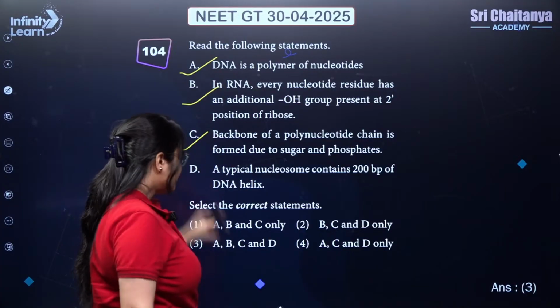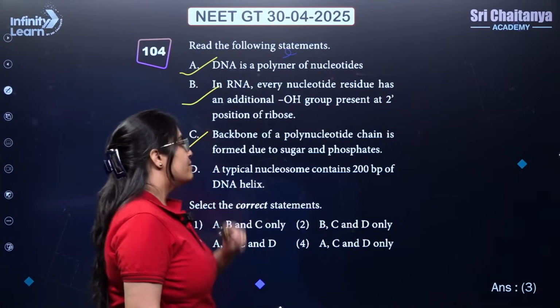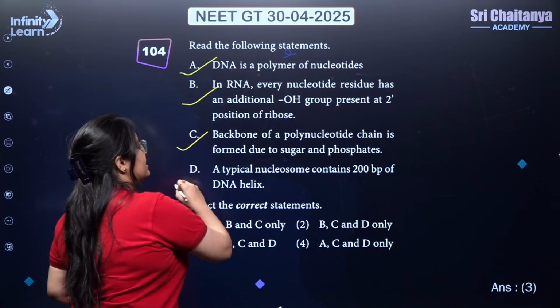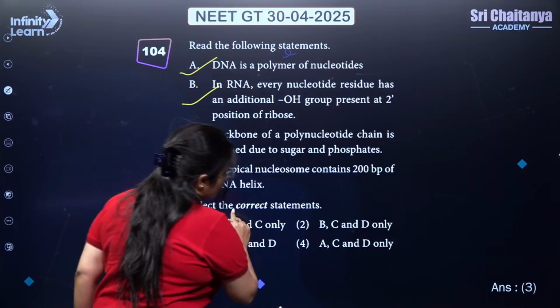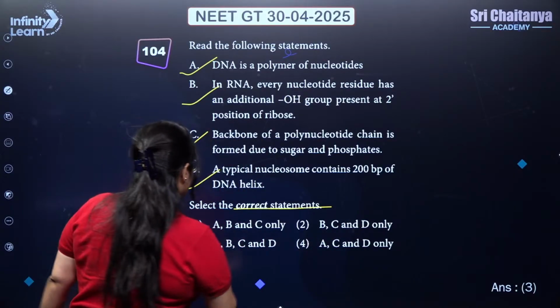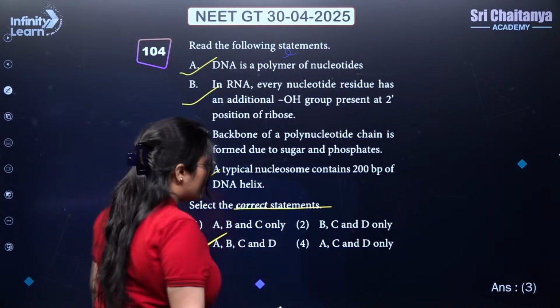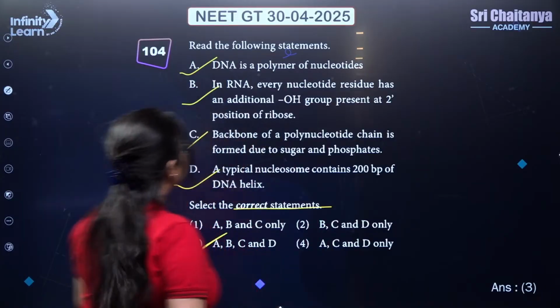Correct. A typical nucleosome contains 200 base pairs of DNA helix. This is also correct. So A, B, C, D, all are correct, guys. You're supposed to choose the correct statements. So A, B, C, and D. So 3 becomes your right answer. Clear, everyone? Next.